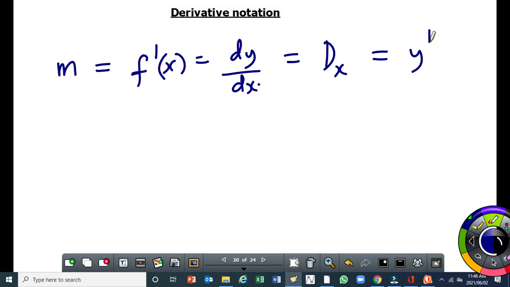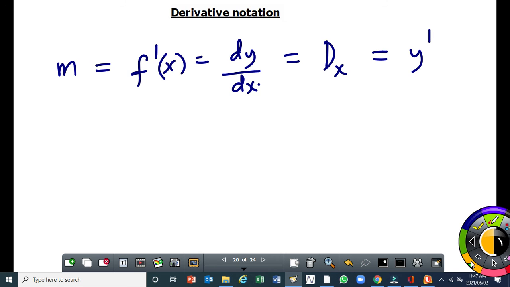Y prime is also another notation. Now, that notation, the y prime, is in the examination guidelines, right? It's also acceptable when you write examinations. So there are actually 4 of them.